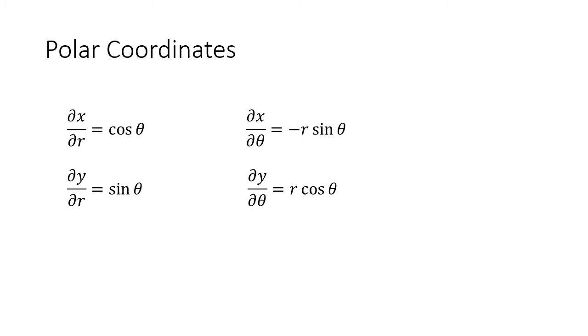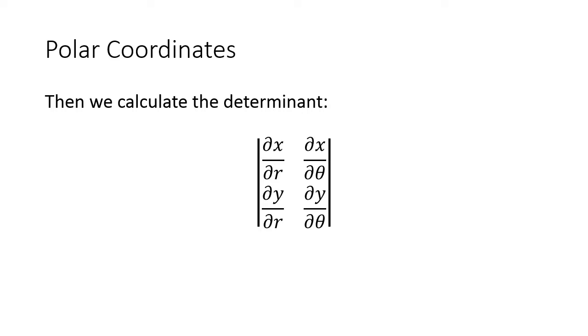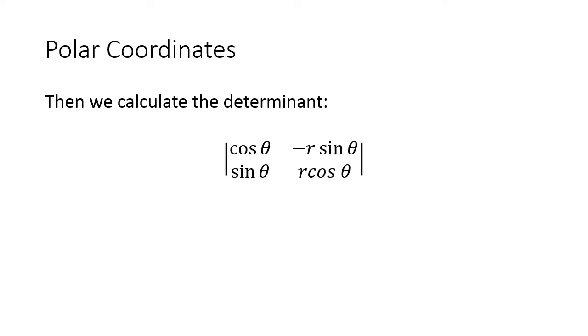So the partial of x with respect to r is just cosine theta. The partial of x with respect to theta is negative r sine theta. The partial of y with respect to r is sine theta. The partial of y with respect to theta is r cosine theta. Now we want to calculate our determinant. So again, we're going to substitute what we calculated for our partials into this matrix. Then we're going to take the determinant. So again, multiply the corners.